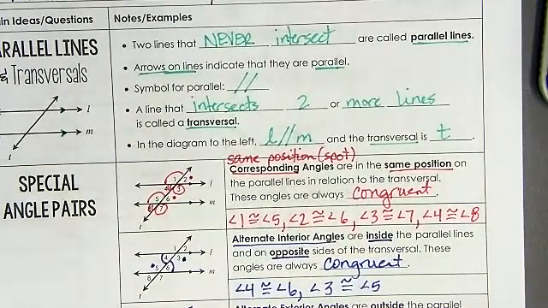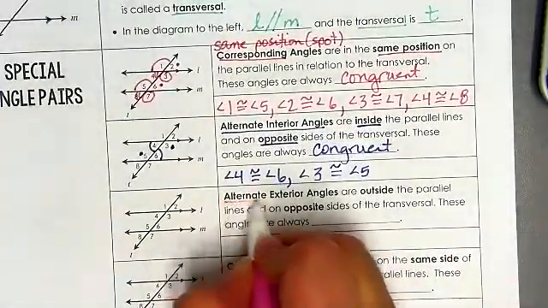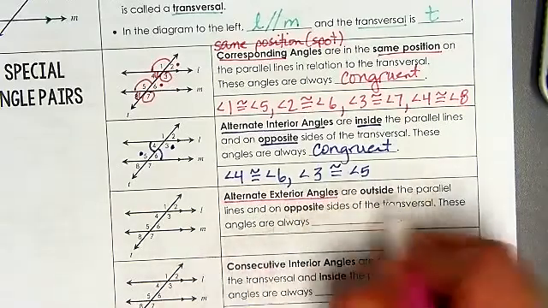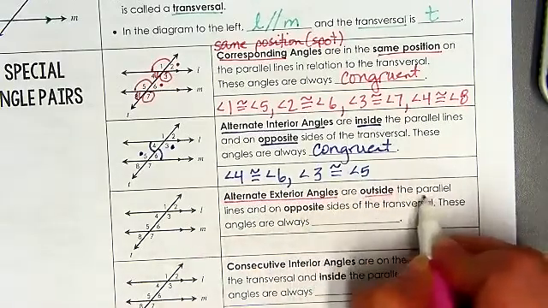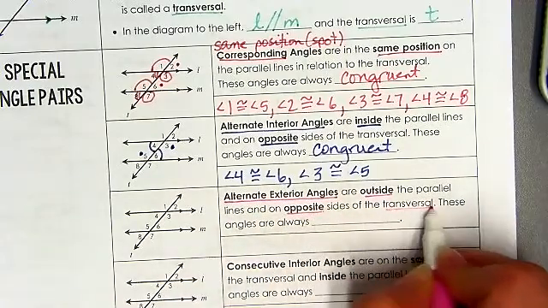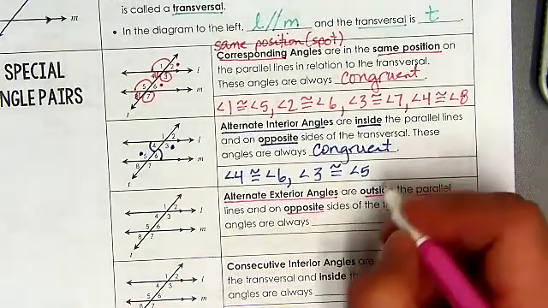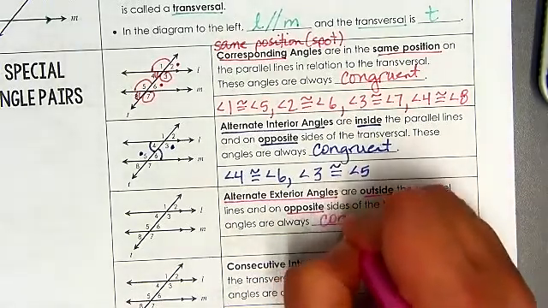Next set of angles. We have alternate exterior angles. Exterior meaning outside the parallel lines, and alternate being opposite sides of the transversal. Outside the parallel lines, opposite sides of the transversal. These angles are congruent.